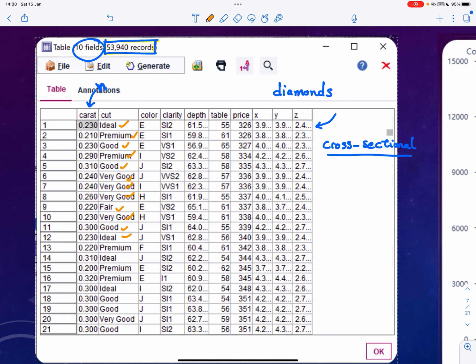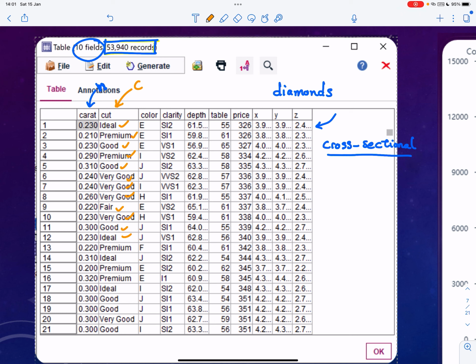And it seems that this variable tends to lump up, to group all our items, all our diamonds into fewer groups that are ideal, premium, good, very good, and fair. So 50,000, 54,000 diamonds into 5 groups. So this one is categorical.